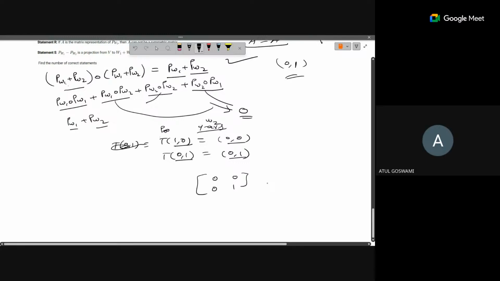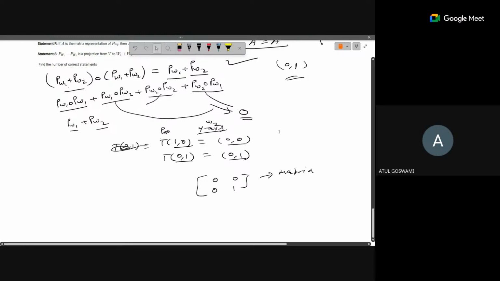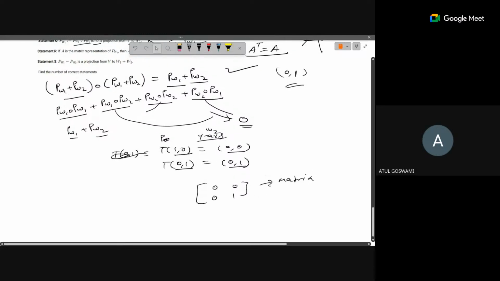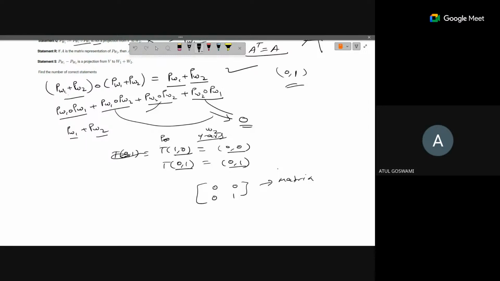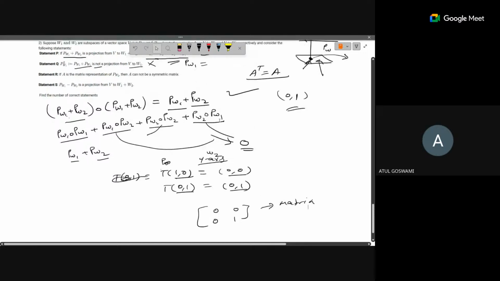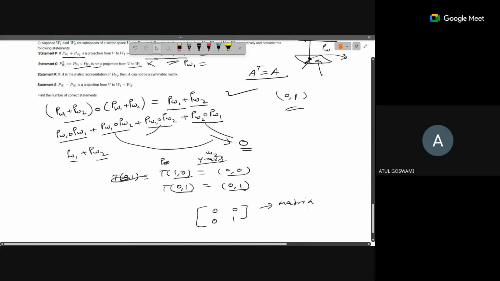So this would be the matrix for this pw, right? Is it symmetric? Yes. The statement says it cannot be symmetric, so we have found the counter example. It means it can be symmetric.